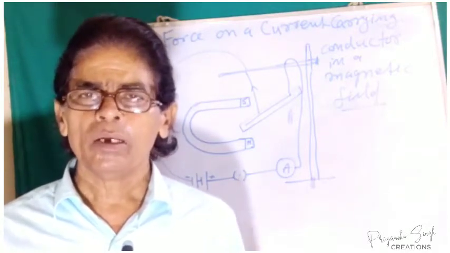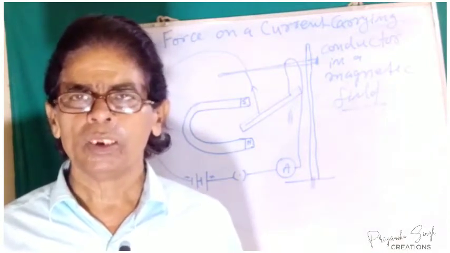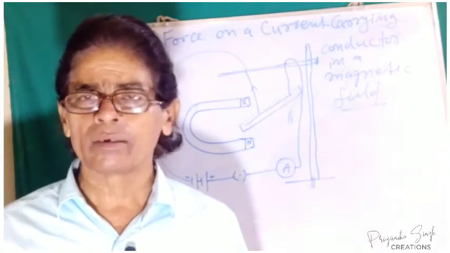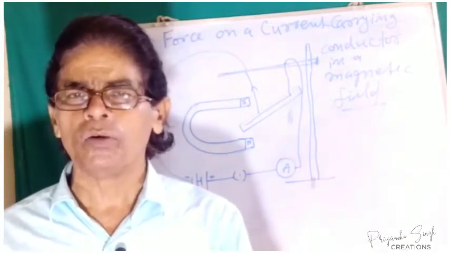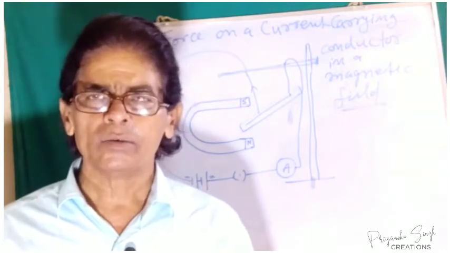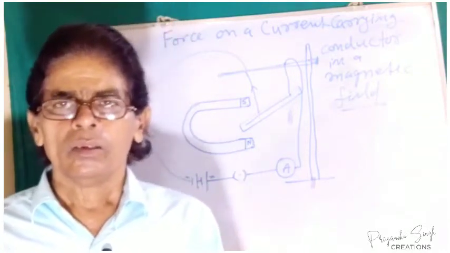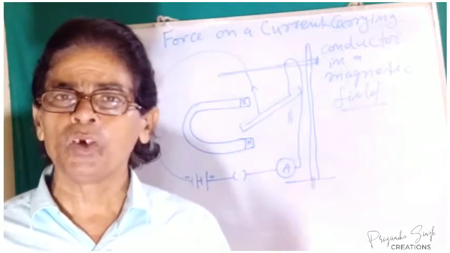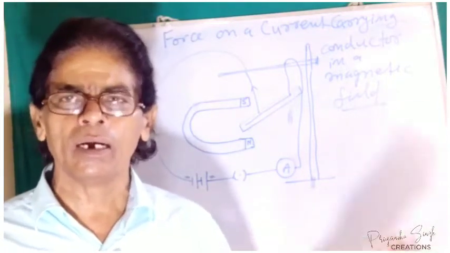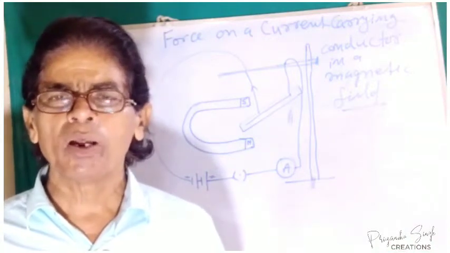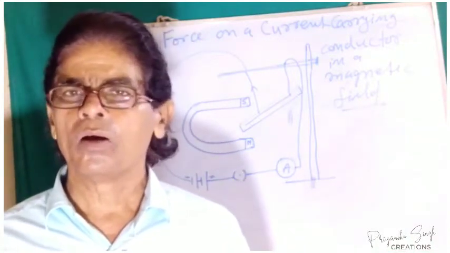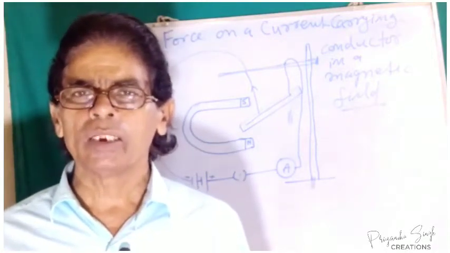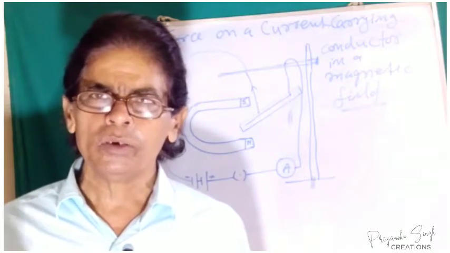So if the magnetic field of the current carrying conductor exerts a force on some other magnet, then the magnet must exert an equal and opposite force on the current carrying conductor as per Newton's third law of motion. That is, to every action there is an equal and opposite reaction.